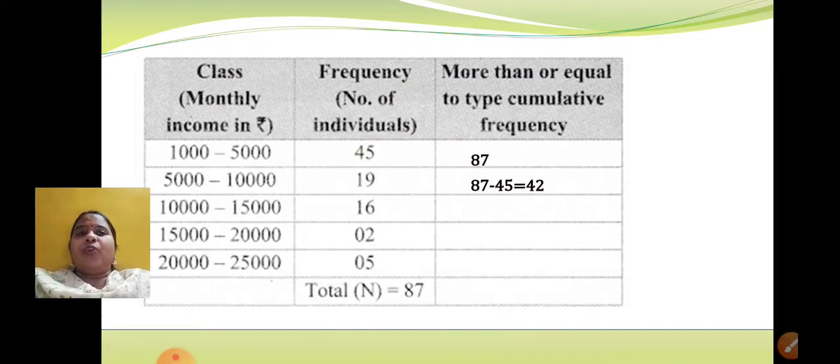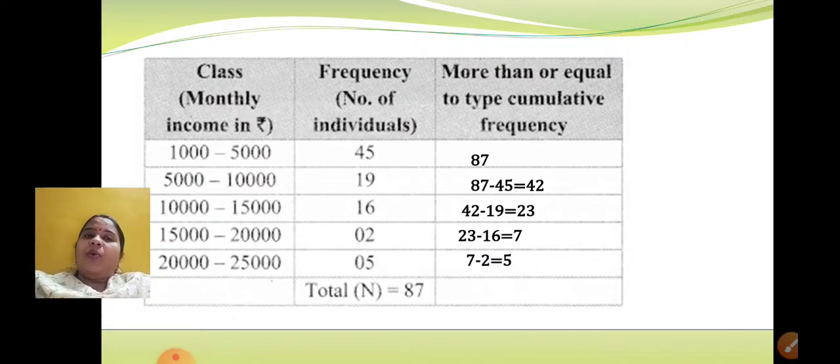That comes to 42. Then from this 42 you need to subtract 19. 42 minus 19 is 23. Then from 23 you subtract 16, and that is nothing but 7. And then from 7 you subtract 2, that is equal to 5. I hope everything written is understood. Yes? Okay. This is the way you will find cumulative frequency more than type.